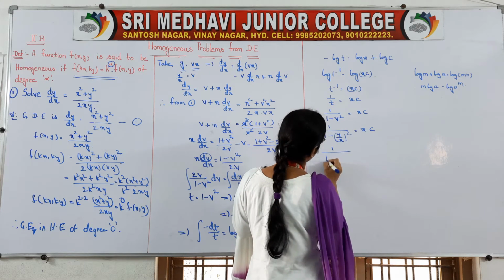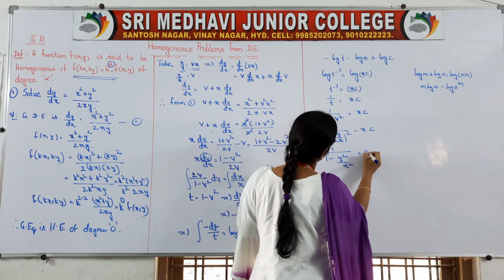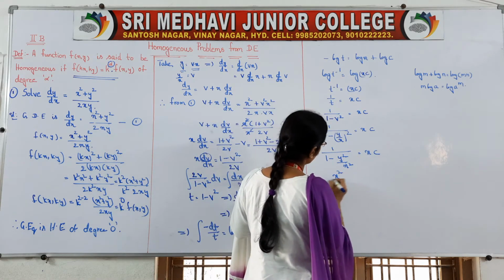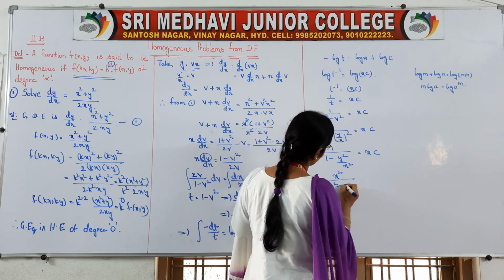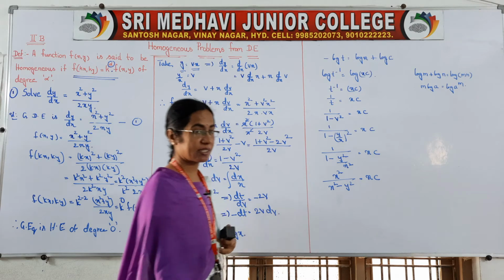So 1 by 1 minus y square by x square is equal to xc. So it is x square by x square minus y square is equal to xc.